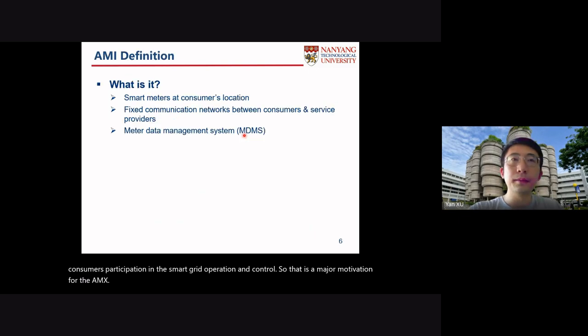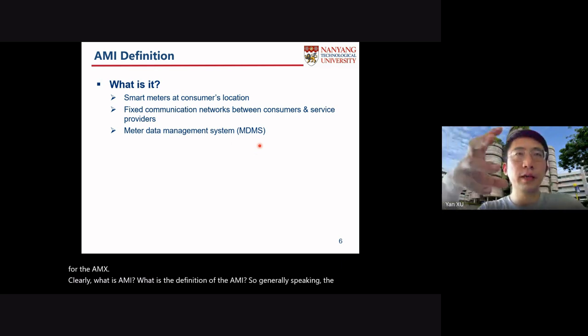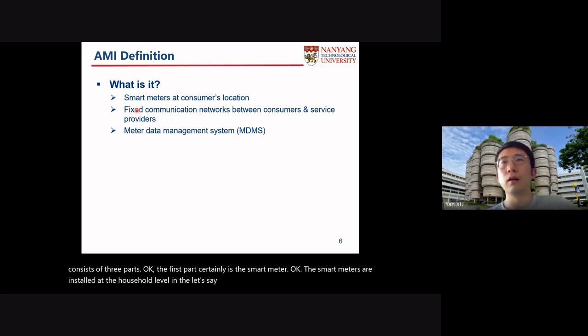But clearly, what is AMI? What is the definition of the AMI? So generally speaking, the AMI consists of three parts. Okay, the first part certainly is the smart meter. The smart meters are installed at the household level, let's say in the residence, or even in factories or commercial buildings.